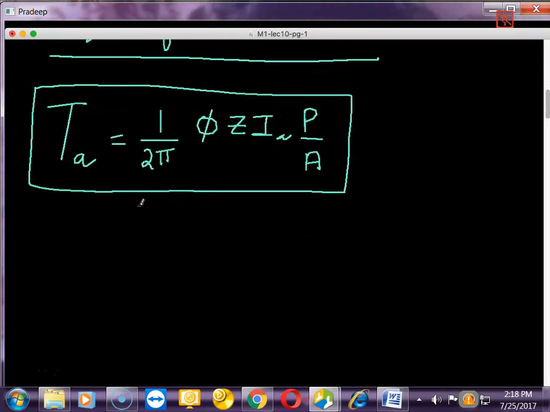So this tells that armature torque is proportional to the product of flux and the armature current.